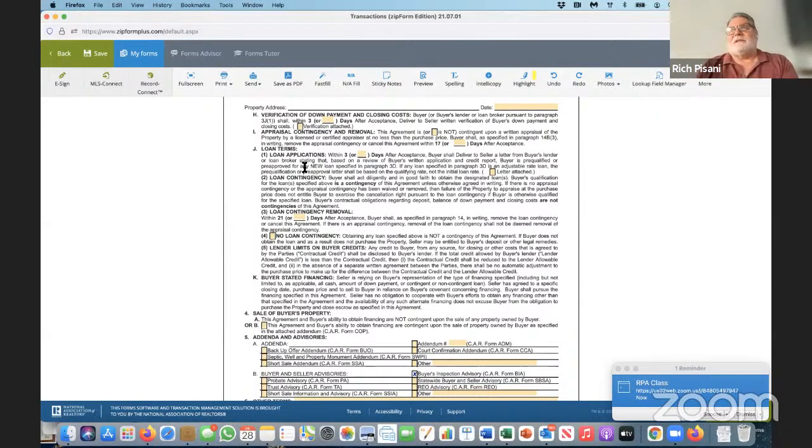Excuse me, what's the difference? The difference is a pre-qualification is a loan officer has been given an idea of what you make, what your expenses are, and based on that information, if I put the numbers together, they can qualify for a loan up to this amount.